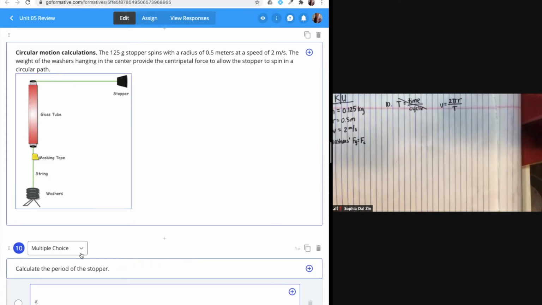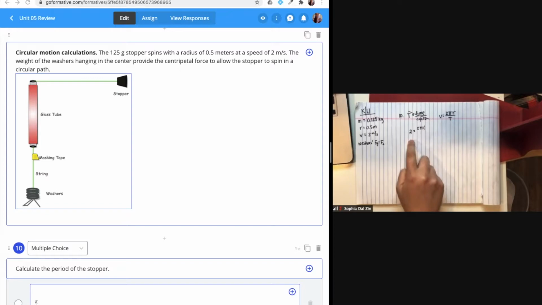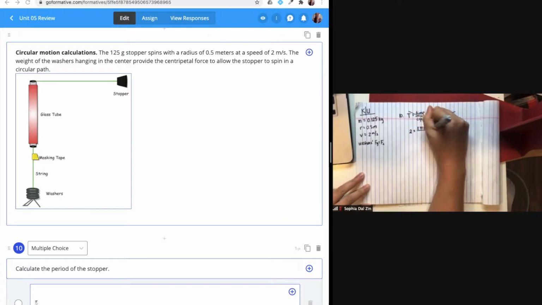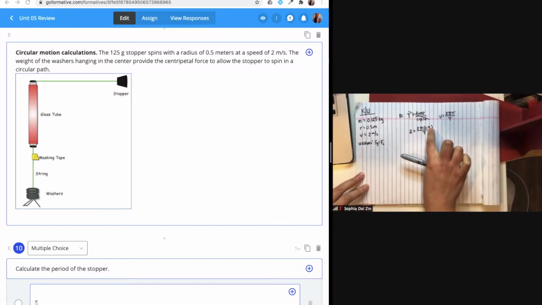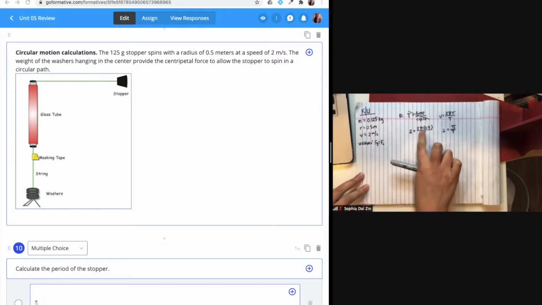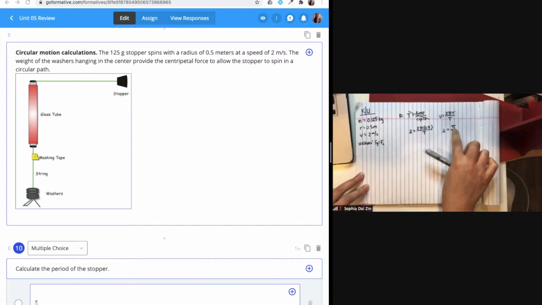Let's use that. I have the velocity is 2. 2 pi r is 0.5. And I'm going to use that to solve for t. 2 times 0.5 is 1, so I have 2 equals 1 over t. Pi stays on the top because that didn't cancel.